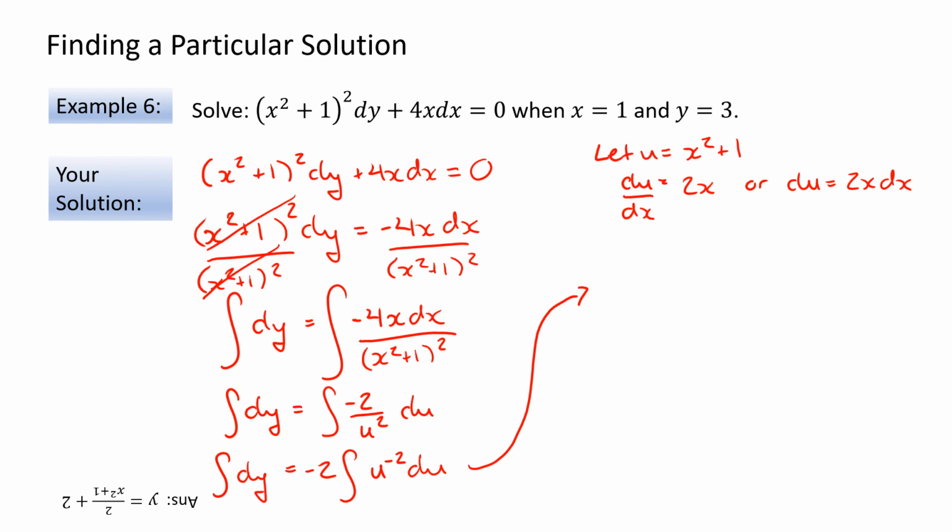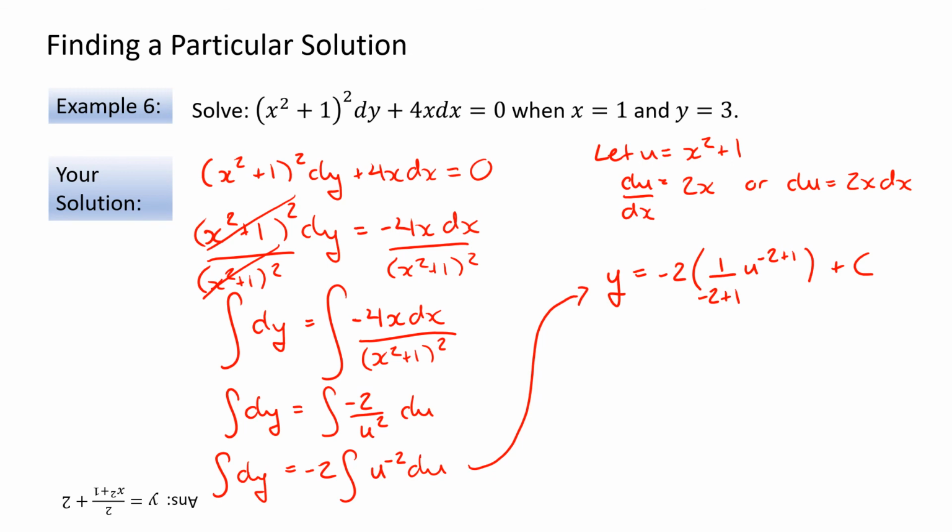So if we do this, the integral of dy is simply y, and that's equal to negative 2 times the integral, which is 1 divided by negative 2 plus 1. Again, remember to take the exponent and add 1, times u to the negative 2 plus 1. And again, that's plus a constant.